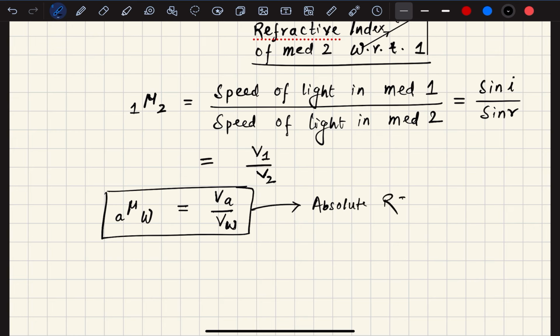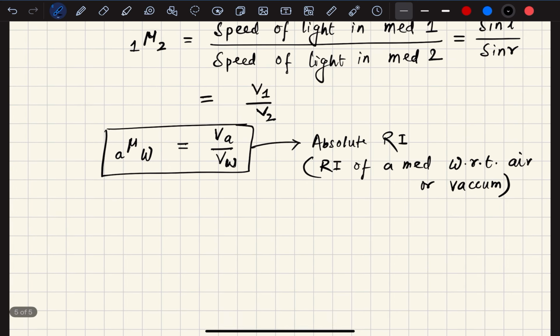So this is very often called the absolute refractive index. Absolute refractive index is basically the refractive index with respect to air or vacuum. That is the absolute refractive index.